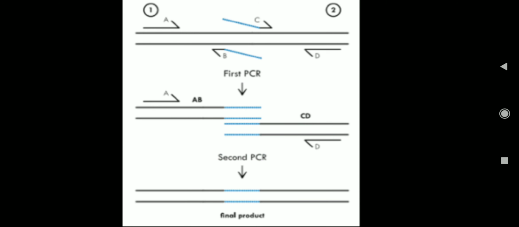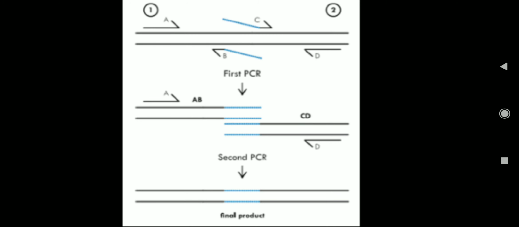I repeat, in this method, we are going to carry out two sets of reaction and two PCRs. In one set we use A and B primers, in the other set we use C and D primers, wherein B and C are having the mismatch. After first PCR, we get two products, A and B product, C and D product, where both are having mutation.